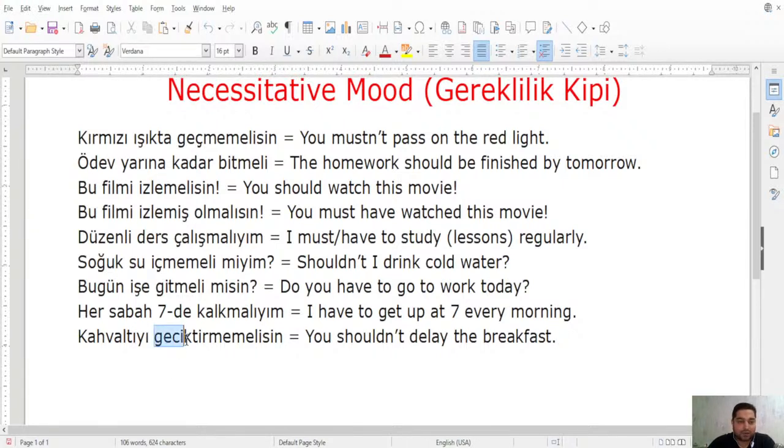Kahvaltı, so geciktirmek, geciktir is the root here. Then we have negative, right? Don't, which means geciktirme. And then we have to say meli, right? Geciktirmemeli. And the second person singular, geciktirmemelisin. You shouldn't delay the breakfast, which means basically you should not have your breakfast late.